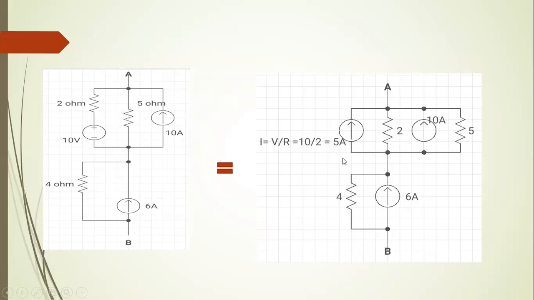So now, the two current sources are connected in parallel. We know from the basic operations, if two current sources are connected in parallel, the algebraic sum is the sum of the two, I is equal to I1 plus I2.